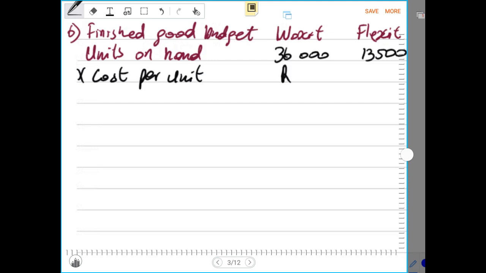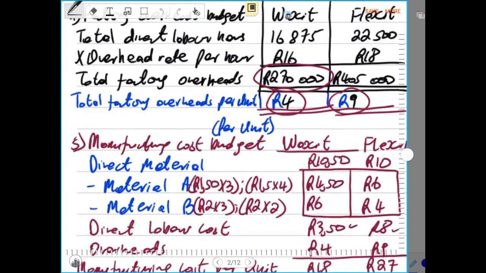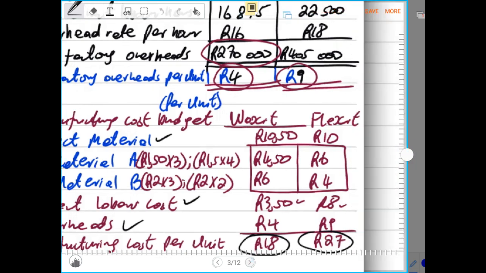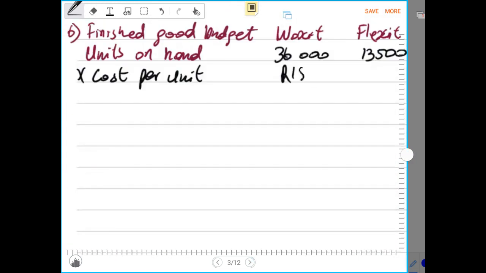We just calculated that our production cost per unit is made of material, labor, and overheads. That gave us the cost of 18 Rand and the cost of 27 Rand. So that is what we multiply with. We multiply that by 18 and this by 27.